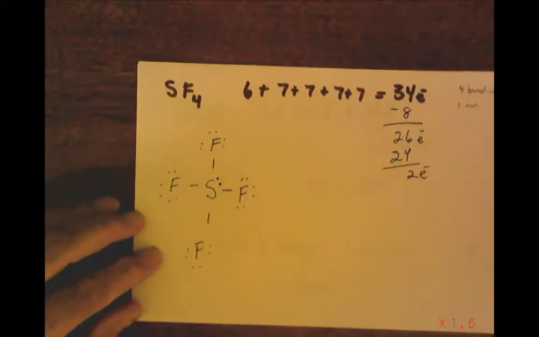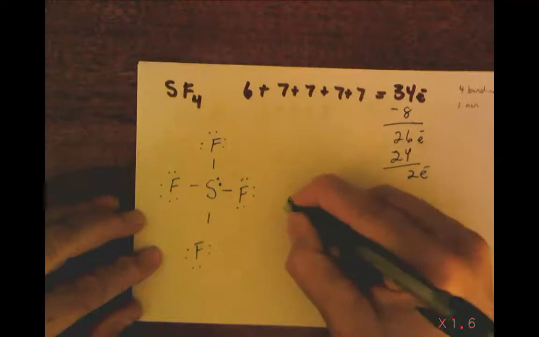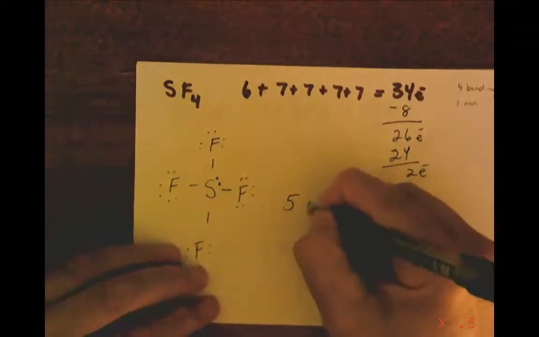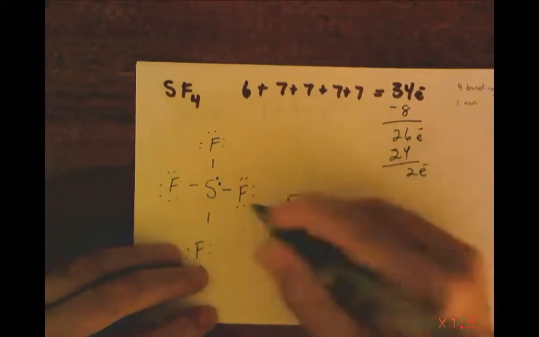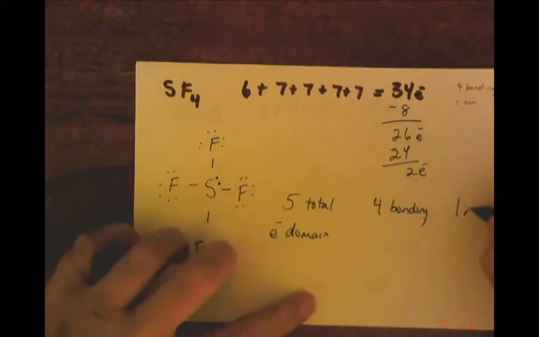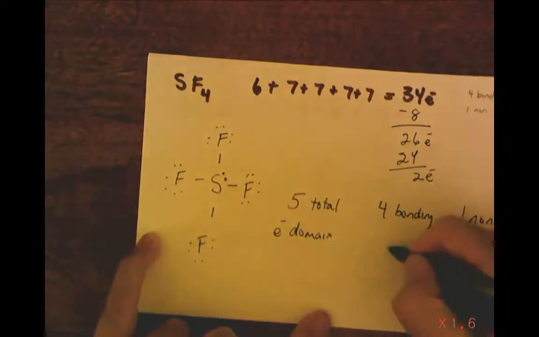So let's count our domains. 1, 2, 3, 4, 5 total domains. Okay, electron domains. 4 of them bonding, 1 non-bonding. So what do we have for a shape? We have a seesaw.